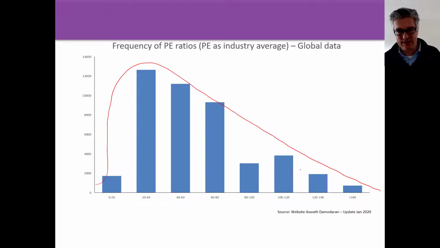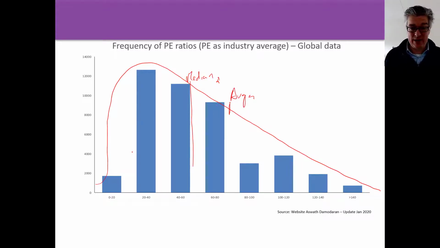So this means that your average will be somewhere around here, while your median will be somewhere around here. So this is immediately a way to get you thinking, hey, what is the relevant value here for comparing in this industry? Maybe the average is not as informative as the median PE. Also, why is the PE ratio here the way it is?